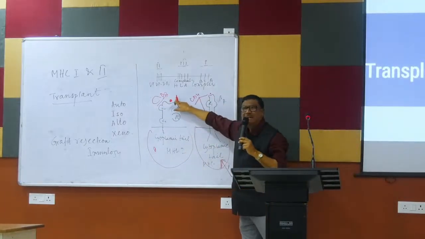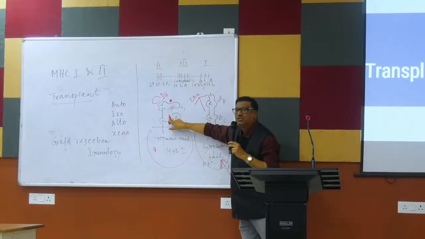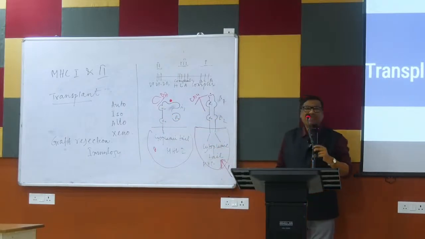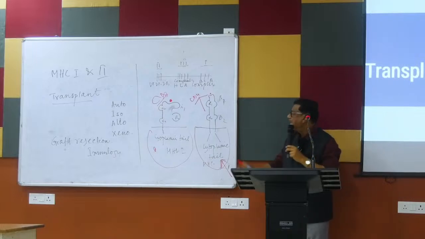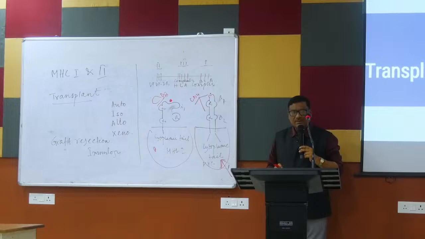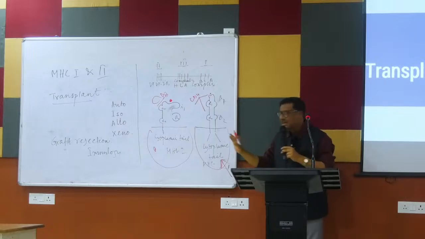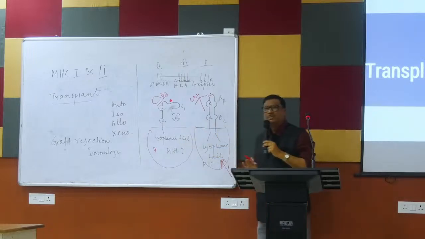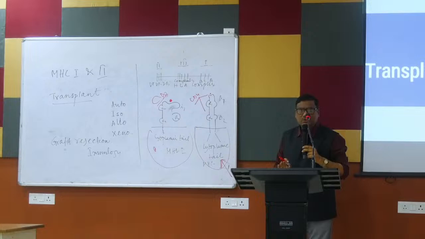Not only the antigen is the main thing; the main thing is sensing this receptor. Now, the entire response is elicited. Is it clear? This is all about these two, MHC1 and MHC2.